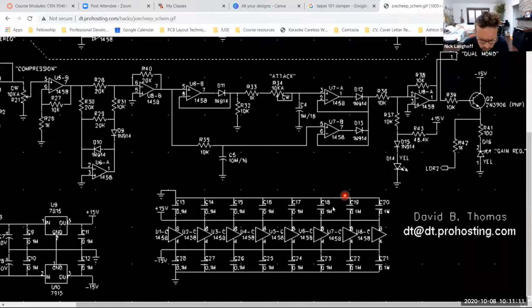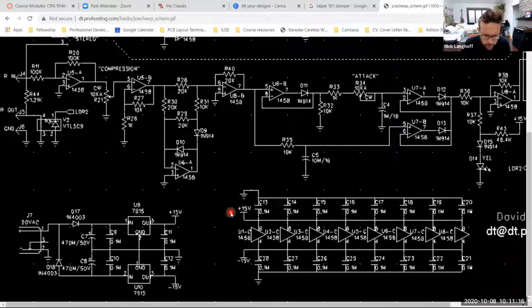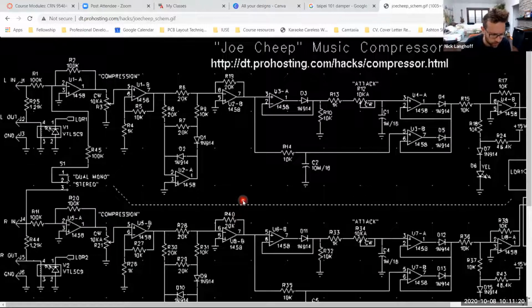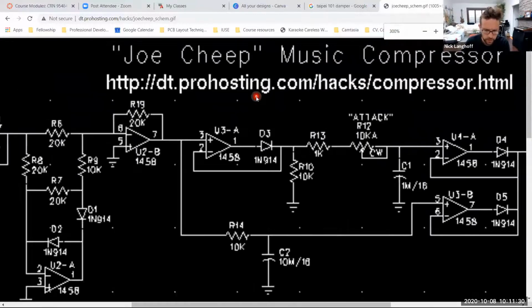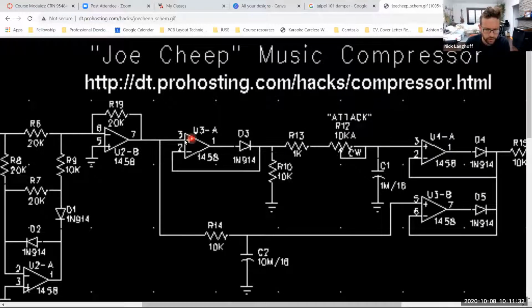Oh, it looks like he kind of changed this since the last time I looked at it, but there is something really close to a buffer in here, and it's this point right here, U3 with this diode in there. You see how the signal is fed into the non-inverting terminal. The output is connected back to the inverting terminal on pin 2.